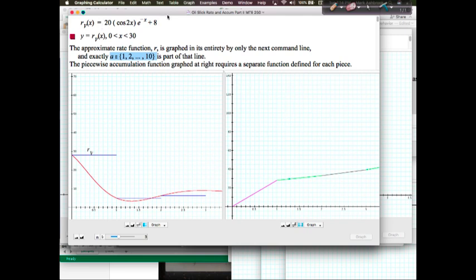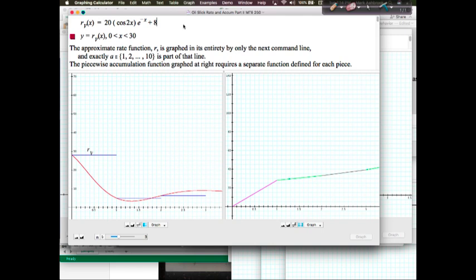So here's the rate function. You can either write that down or just watch the video, I'm going to post the video. It looks like this. You're graphing the rate function in red, and then the blue step function takes one command line, and it has to change as you change n.